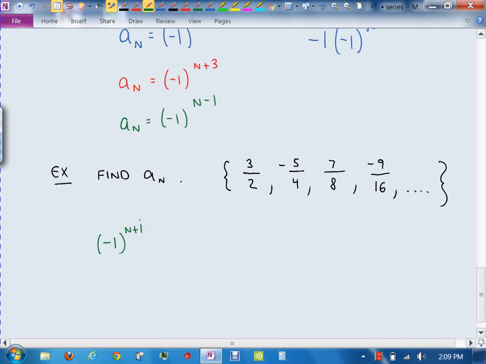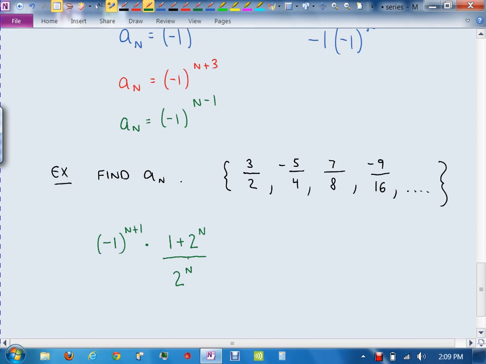Okay, that'll take care of your positive negative thing, right? 1 plus 2 to the power of n? Like this? 2 to the power of n.